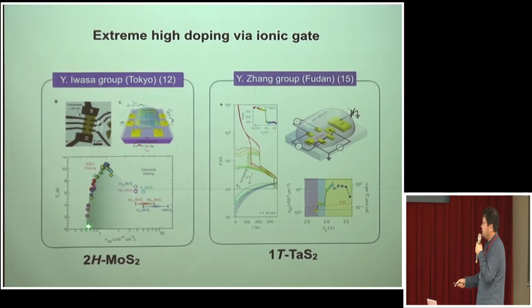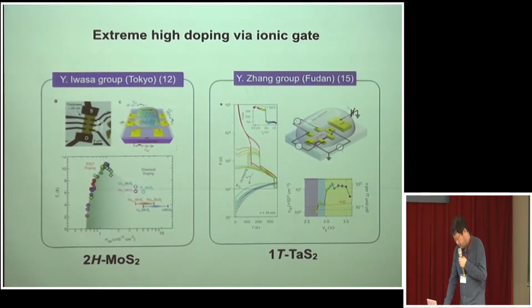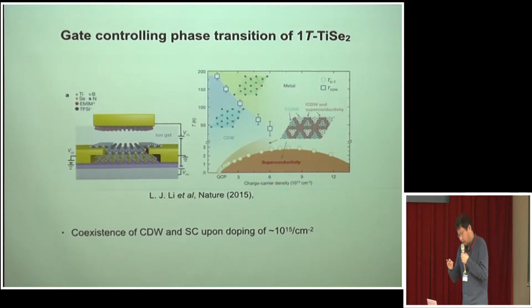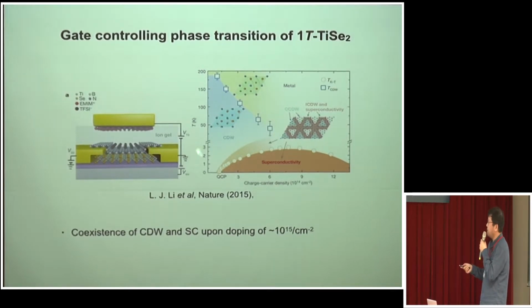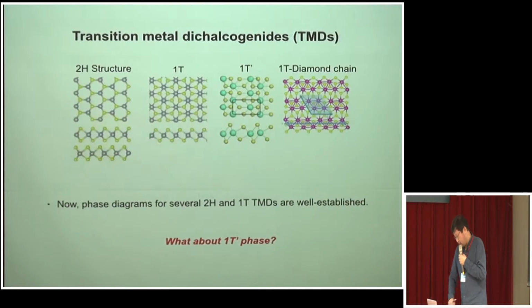You can see that as a function of doping, the 2H structure of molybdenum developed a dome-shaped superconductivity. And as I showed you before, Yuanbo Zhang also did similar things, going up to very high doping, where you can see a lot of phase diagrams and different structures. Also, Antonio Castro Neto at the National University of Singapore discussed very intriguing superconductivity and CDW coexistence in 1T TiSe2.